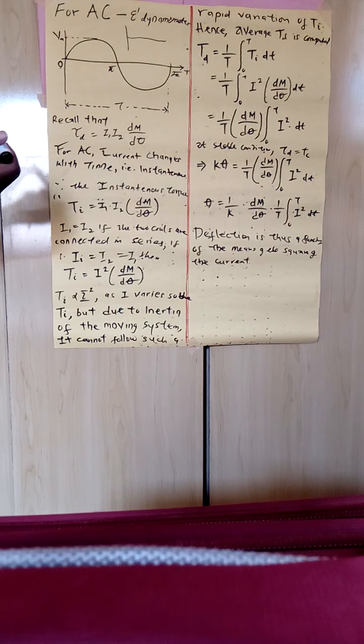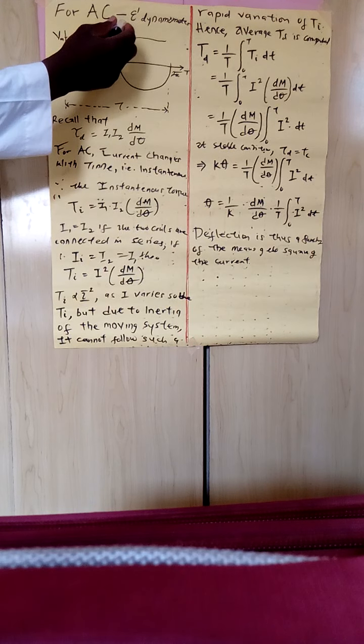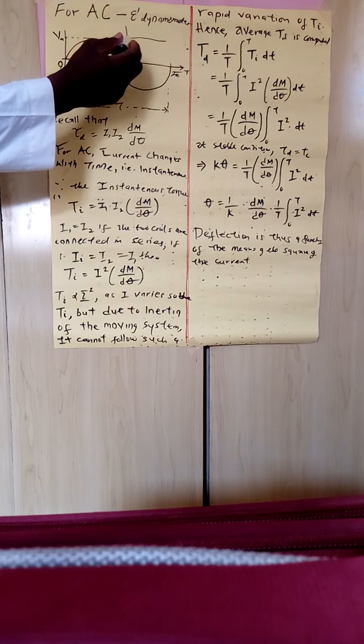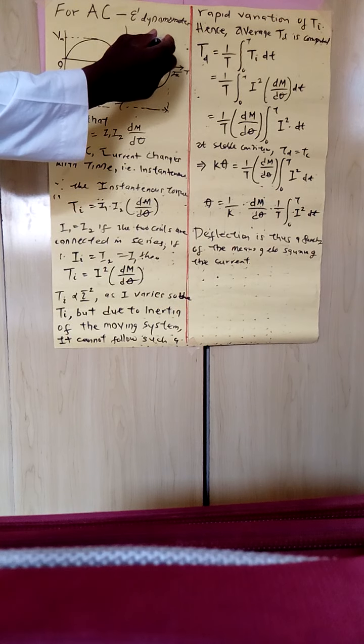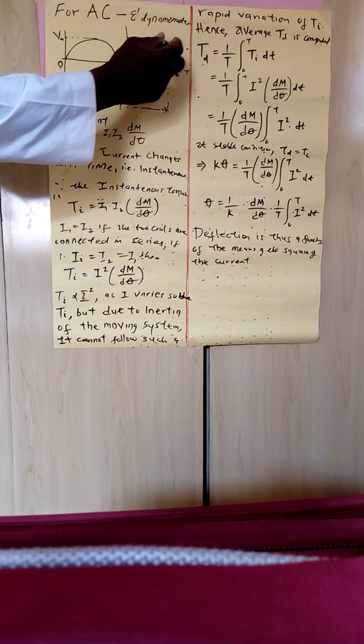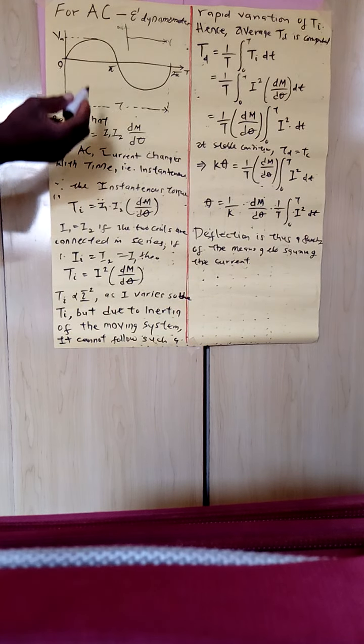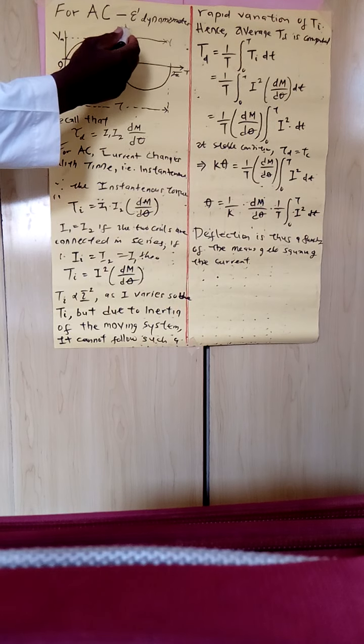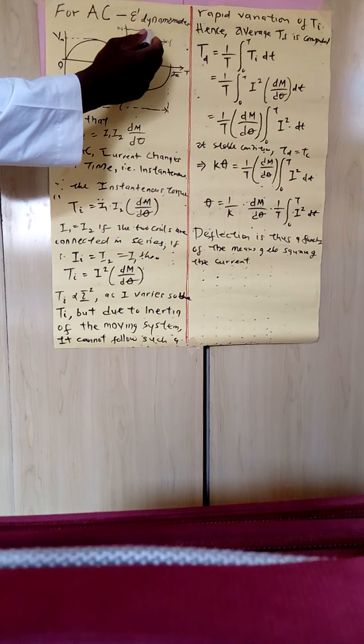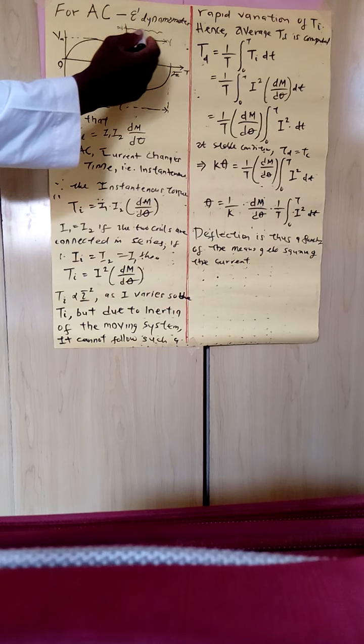Unlike DC, we know that for the DC graph, if this is our time and this is our voltage, for instance, let's say 2 volts at this point, this 2 volts remains constant. It never changes with time. You can see it's straight.